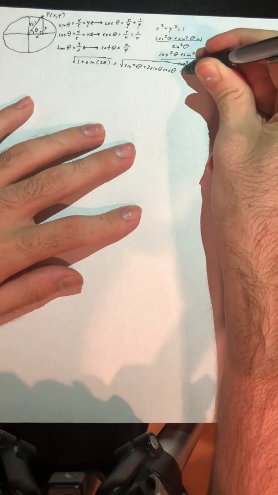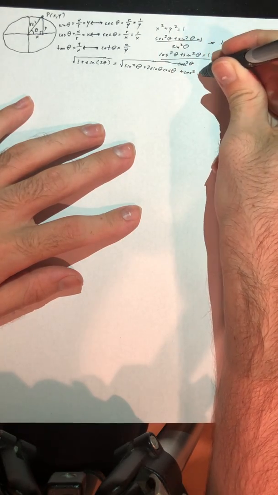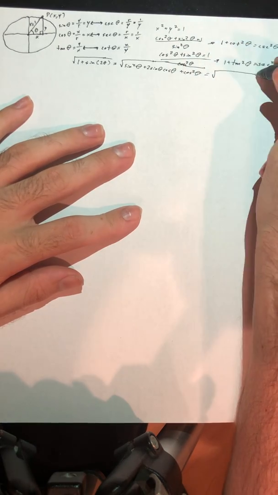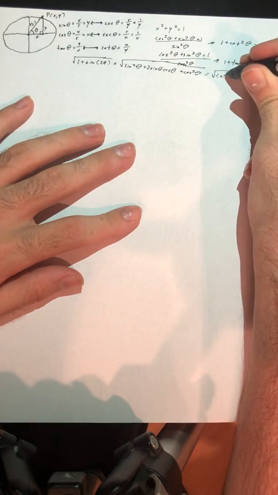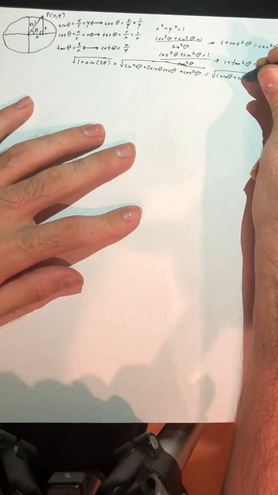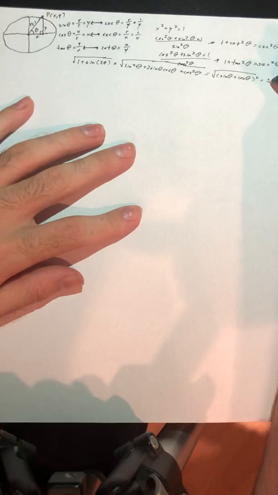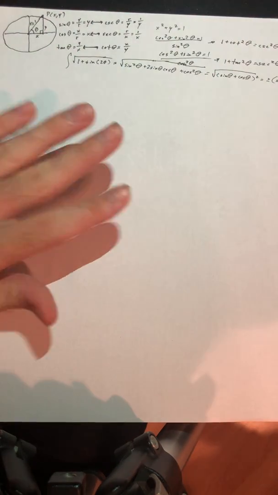But this can be rewritten as sine theta plus cosine theta, quantity squared, so the result is plus or minus sine theta plus cosine theta. And that's actually one of the integrals I was doing the other day. In other words, you have to know your trig identities very well.